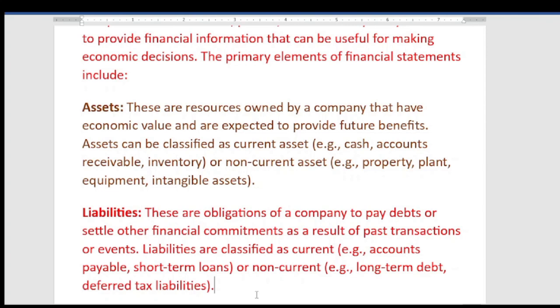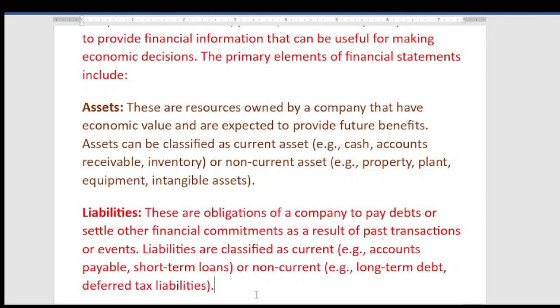When you go to a shop to get something, you get that thing and you did not pay, you are liable to those people. You have to pay as a result of what you have collected from their hand. I'm just trying to explain this liability. But the core aim is for us to know that liability is an element of financial statement. It doesn't stand on its own in the financial statement. It's an element.